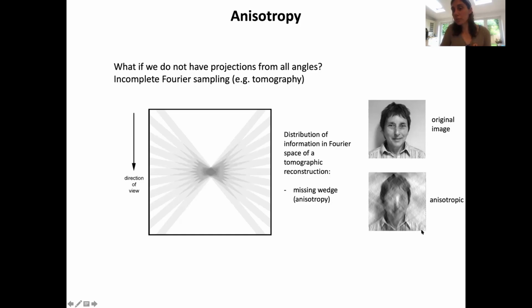Those have disappeared, while the vertical stripes I can still see very well. So this is what happens when you have an anisotropic reconstruction. That's where your streakiness comes from. You might be familiar with your reconstruction becoming elongated and streaky. That's the same thing that is happening to Helen's nose here.